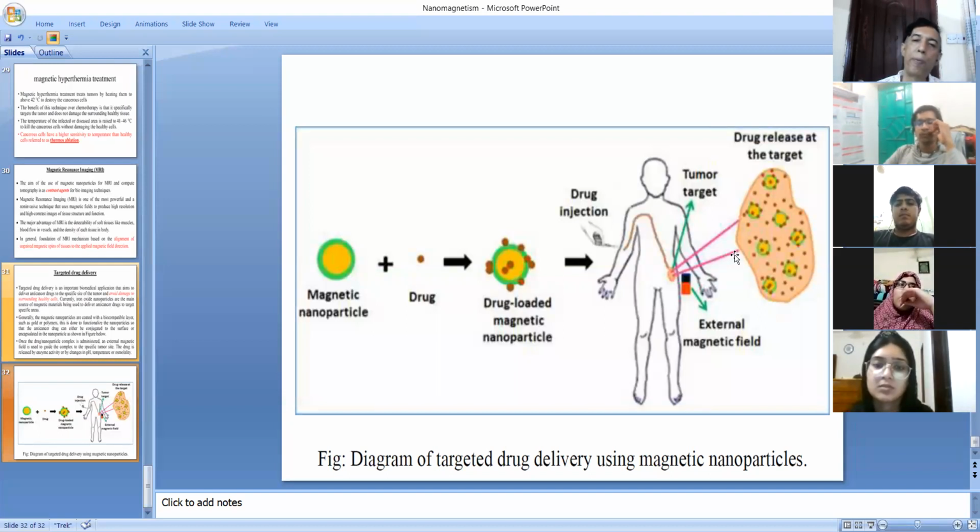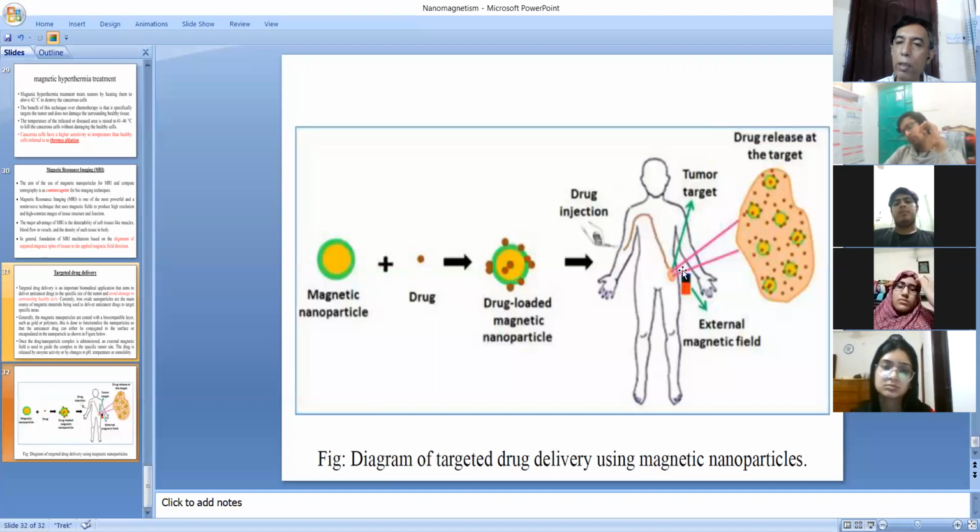So it is a very potential way of treatment, but scientists have to see many things before using it. But you see, you can guide this thing to the infected person by this external magnetic field.